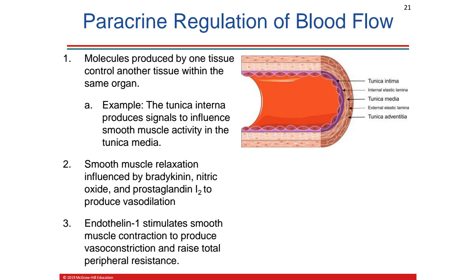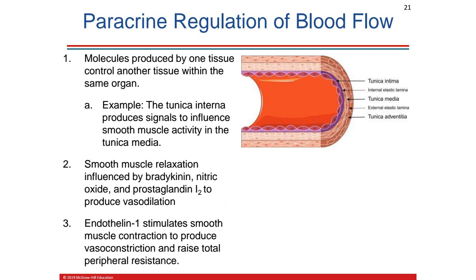So, for example, in this context, the tunica interna, which is the endothelial layer, as well as some fibers of collagen and elastin, can release certain signaling molecules. So, for example, it can release bradykinin, nitric oxide, prostaglandin I2, and all these signaling molecules lead to vasodilation by leading to relaxation of the smooth muscle, which is in the next layer, the tunica media.